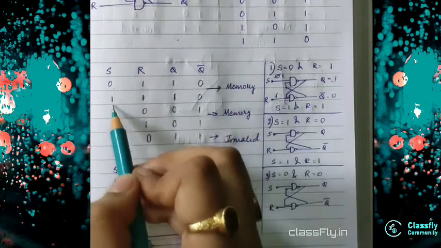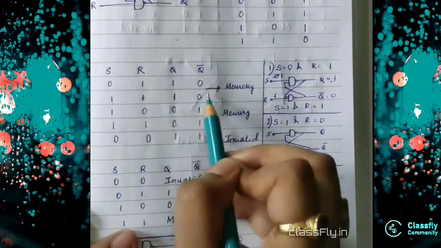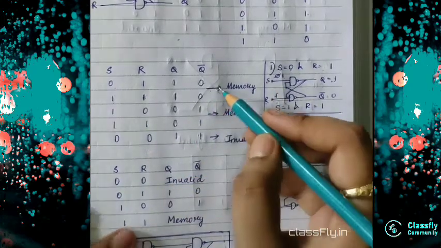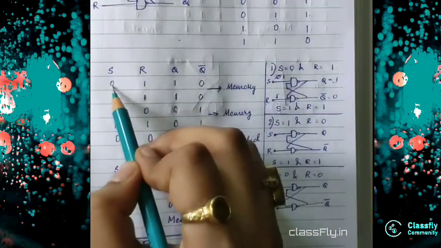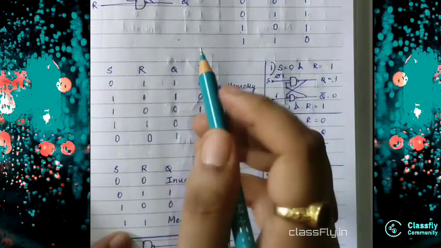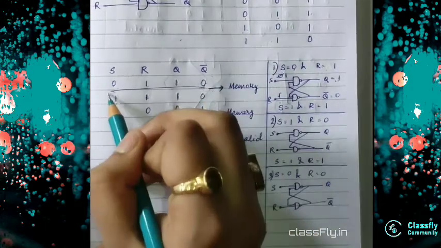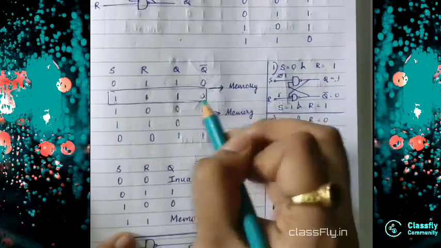So when the S value is 1 and the R value is 1, we are getting the same output, that is, whatever we got for the previous input. For 0, 1 the output is 1 0, and for 1, 1 we will also get the same. So this state we will call the memory state.